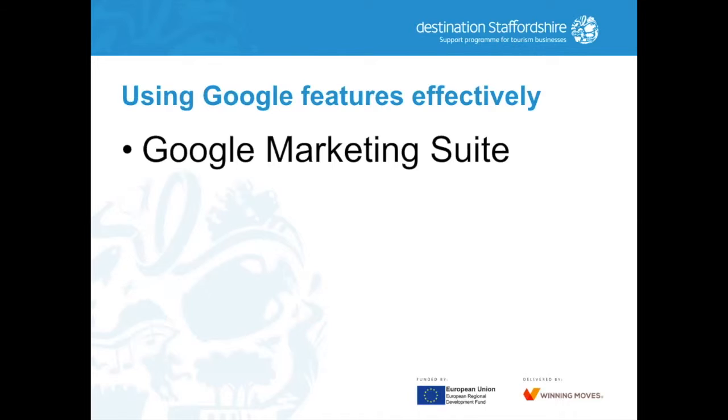So Google Marketing Suite is where you will find all the activity around your analytics, your Google Search Console, and your advertising. Now, you may not fully understand what I've just said at this point, but it's important to understand that this Google Marketing Suite is simply the central point where all your key features are available for you.